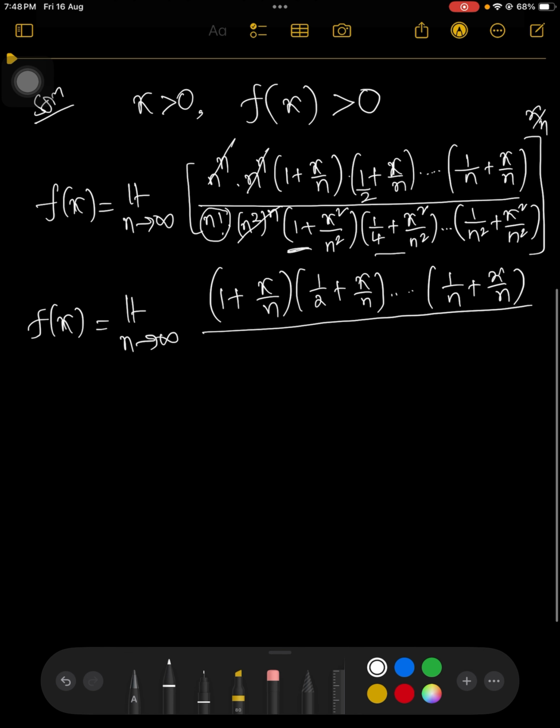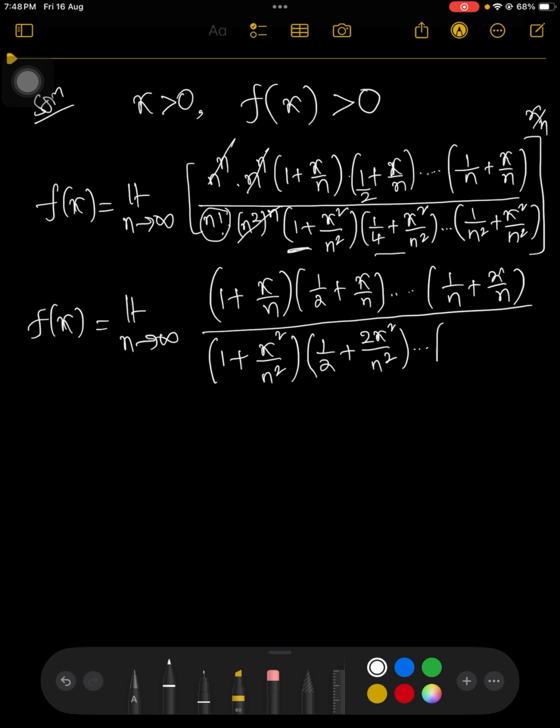So keep on multiplying like that with each term. This will be 1 plus x square by n square, no changes, and here with 2 we need to multiply, so 1 by 2 plus 2x square by n square and so on, up to 1 by n plus n x square by n square, whole power x by n.